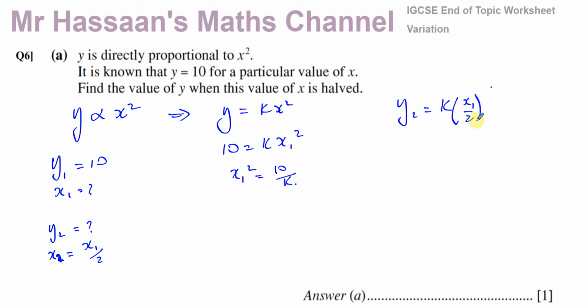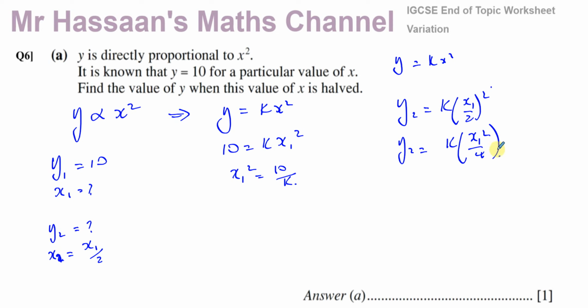So you'll end up with y2 equals k times x1 squared over 4.